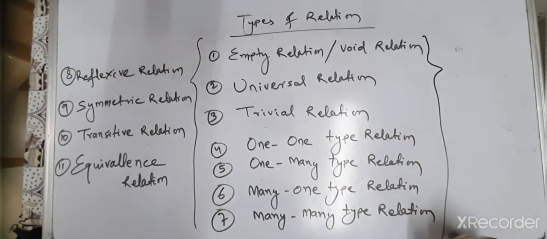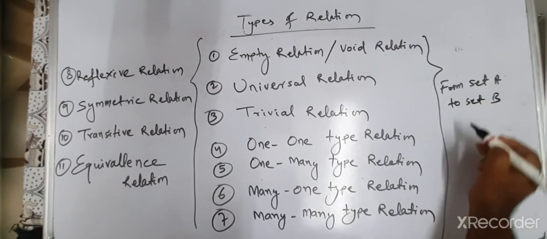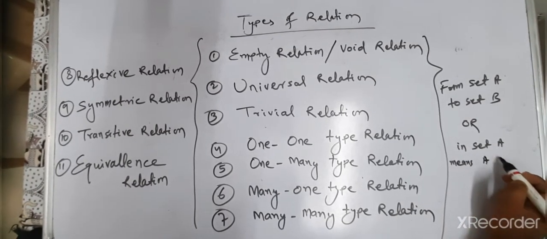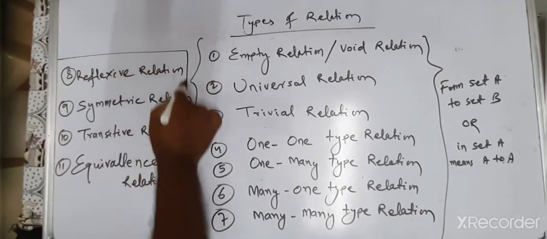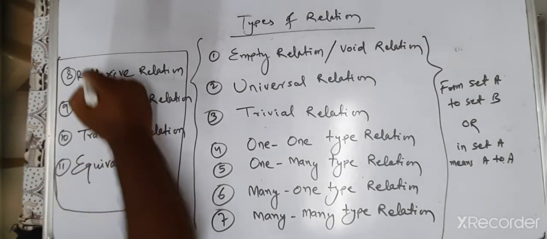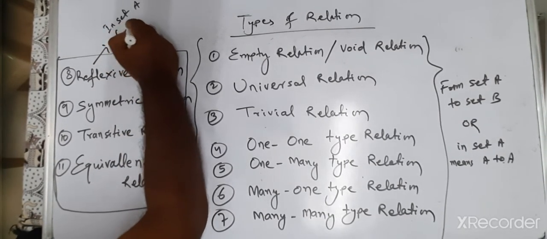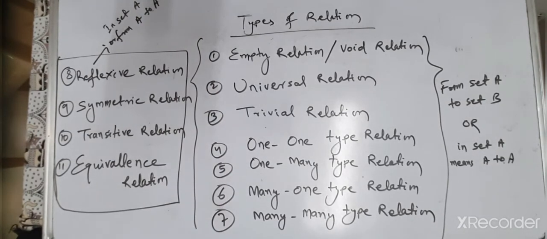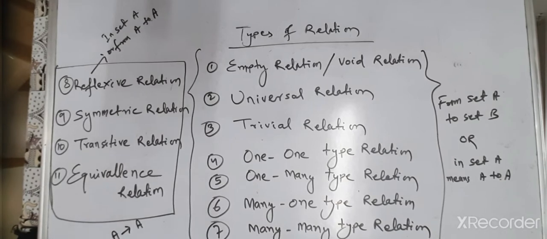These seven relations are from set A to set B, or in set A, which means A to A. But these four relations are only in case of in set A, or from A to A. So there is no other type.